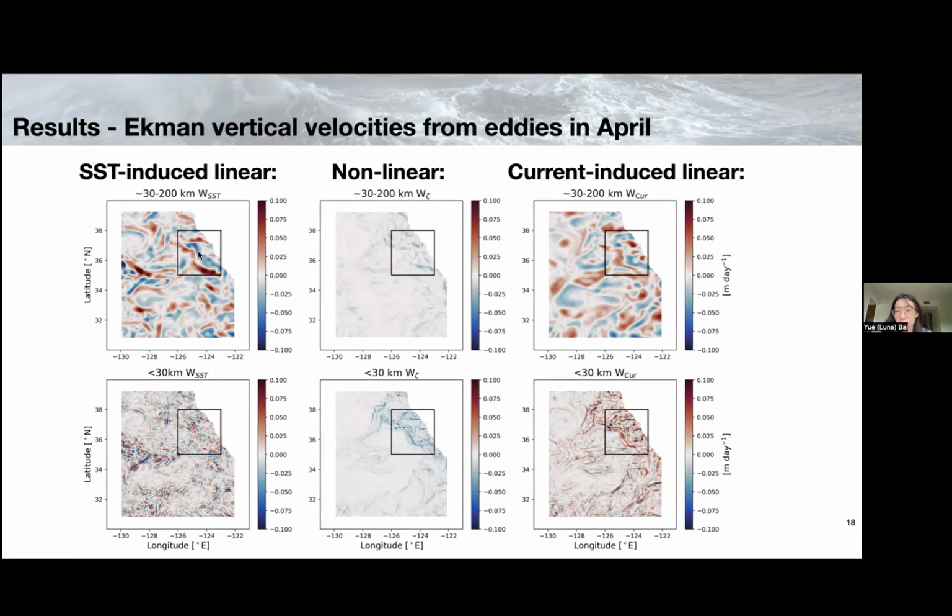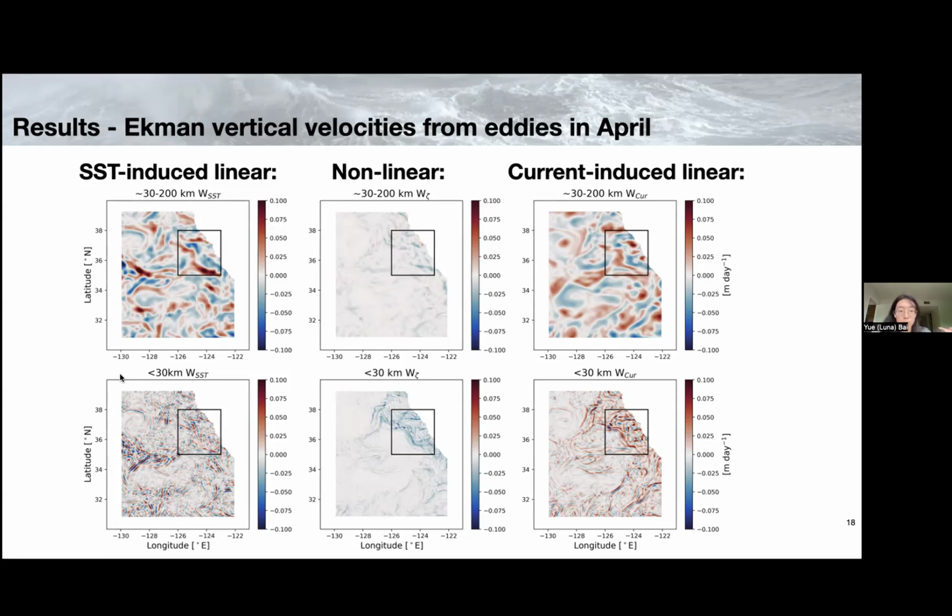Maybe the SST-induced vertical velocity is a little bit stronger. But the main message here is that the nonlinear Ekman vertical velocity at mesoscale is much smaller compared with the current and SST ones. And this is very consistent with what we read about in the previous studies.